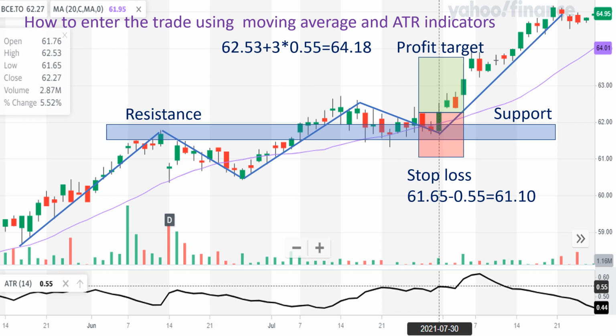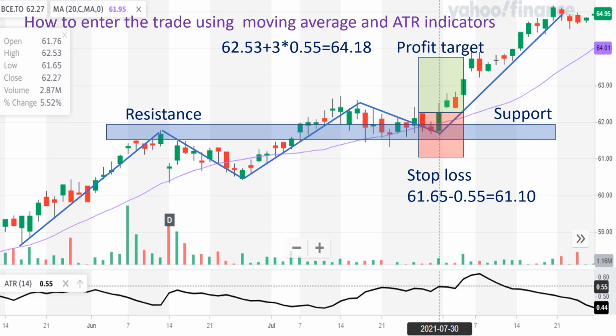I have the value of ATR, which is set at 55 cents for that candle, and the open, high, close, and low price of this candle, I have it here. So the stop loss and profit target can be calculated very easily.